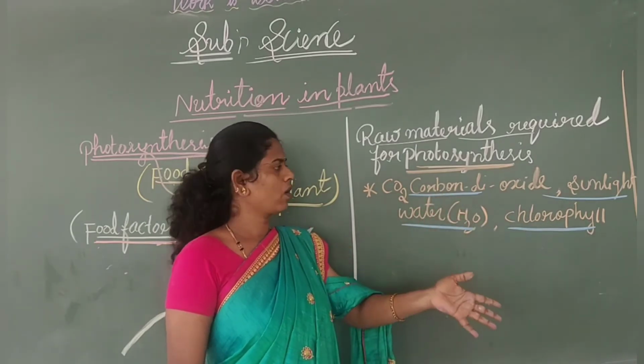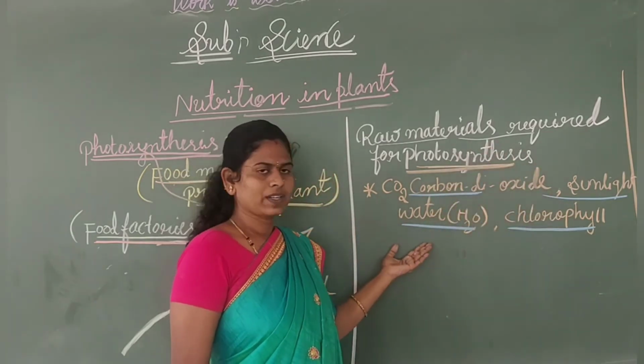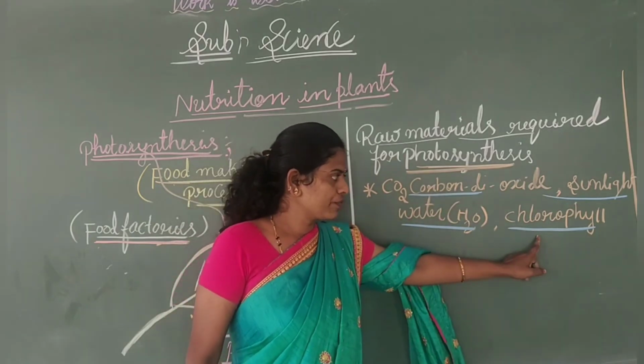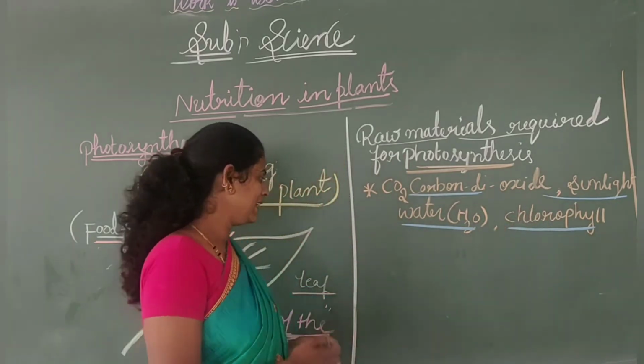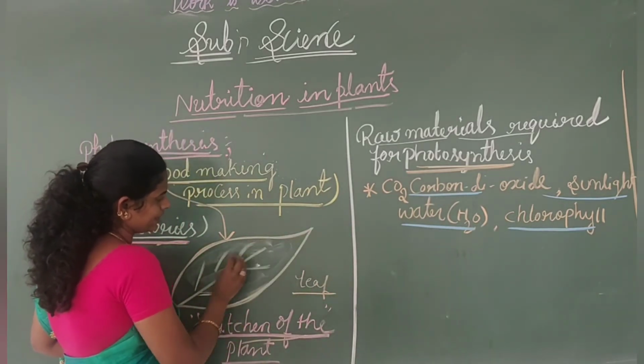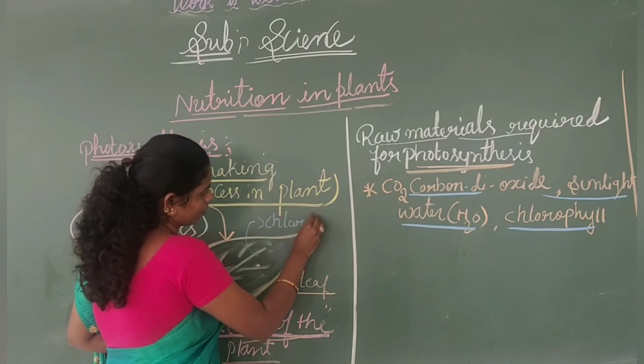We will remove the carbon dioxide outside, and sunlight is obtained from the sun. Then water vapor is present in the atmosphere. Chlorophyll. This chlorophyll is present in the leaves. Okay. So where is the chlorophyll present? Chlorophyll is present in the leaves.